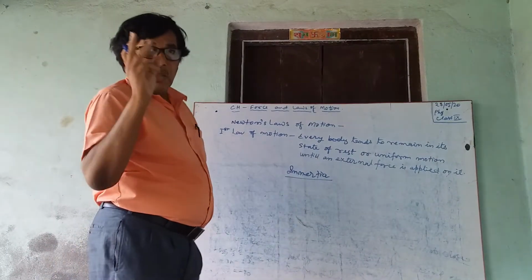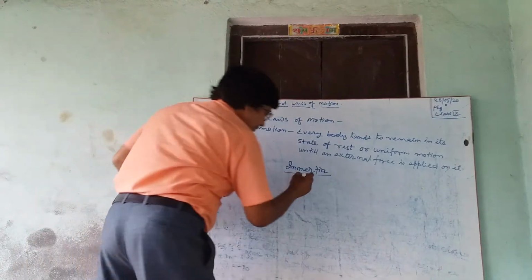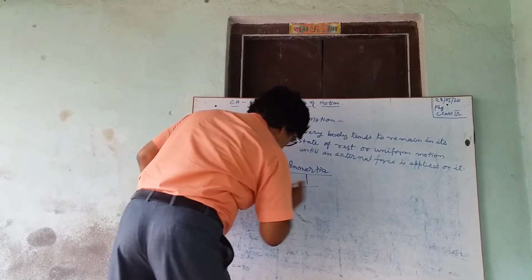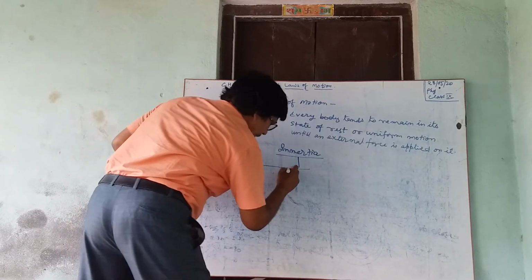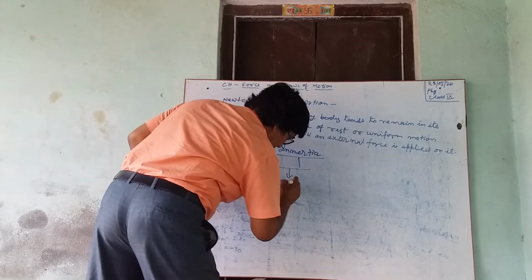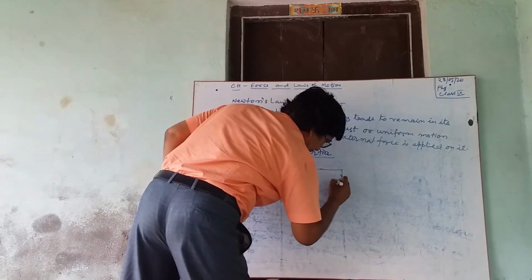Thus, inertia is of three types. Number one, inertia of rest, inertia of motion, and inertia of direction.